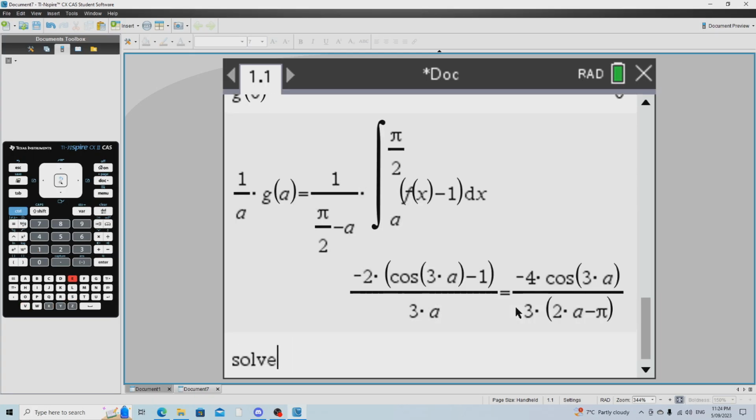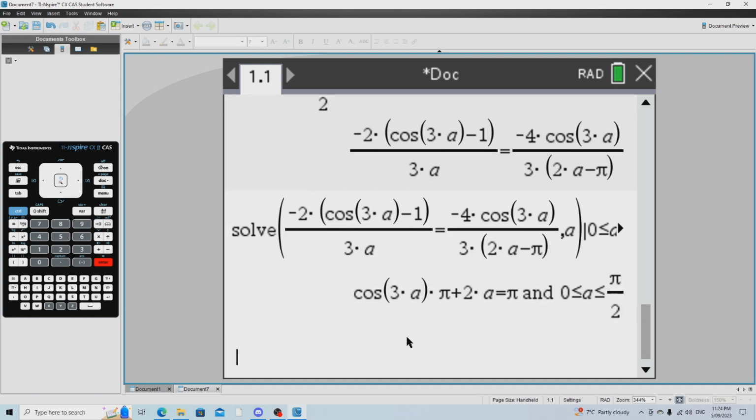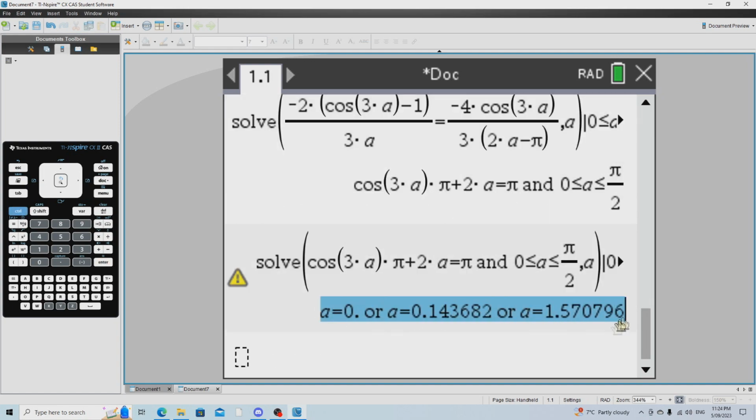And we want to solve for a, given that a can only be between 0 and pi on 2. Control enter, and we get 3 values.